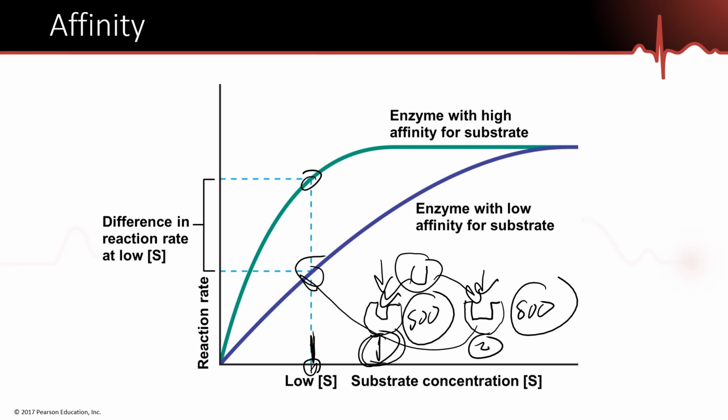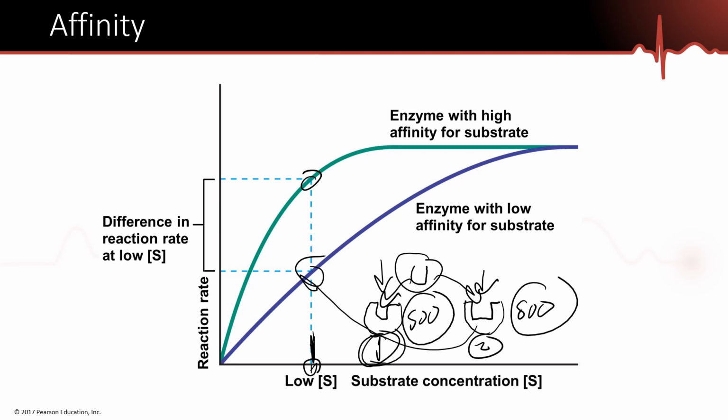If that affinity is higher, meaning it's more likely to bind it, probably due to the shape of its active site, then at a given concentration of substrate or reactant, that enzyme with a high affinity for that reactant or substrate is going to, of course, be able to turn that reactant or substrate into the products at a much faster rate. Due to its high affinity for the reactant or substrate, its enzymatic rate is going to be very high.